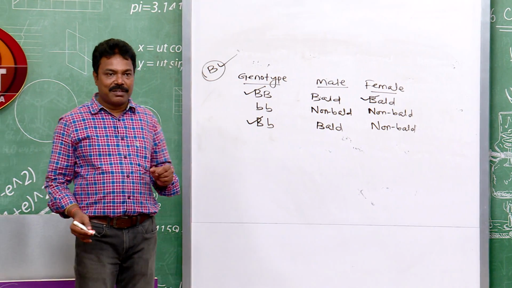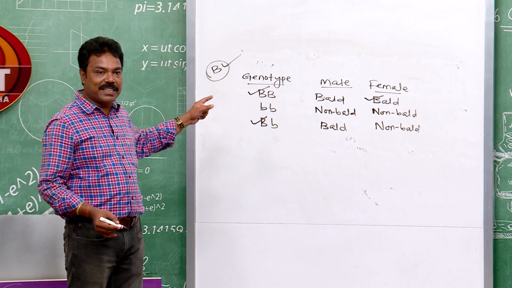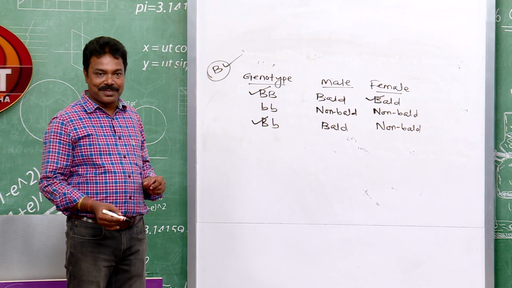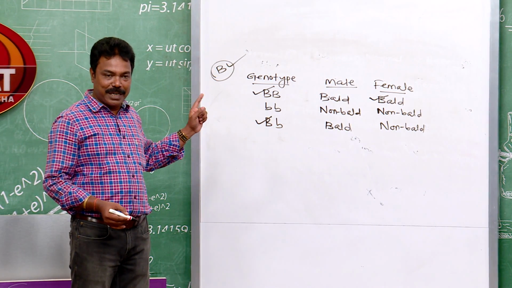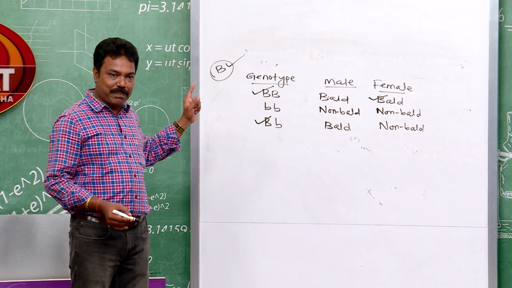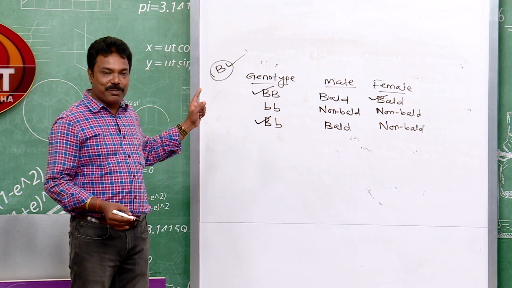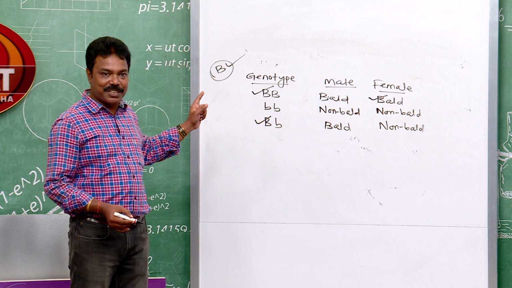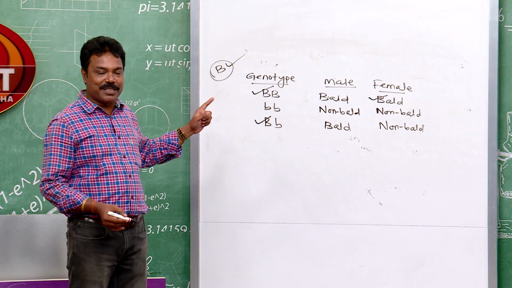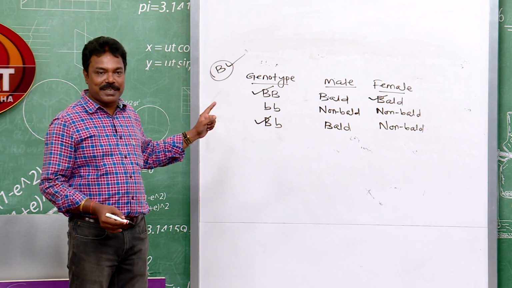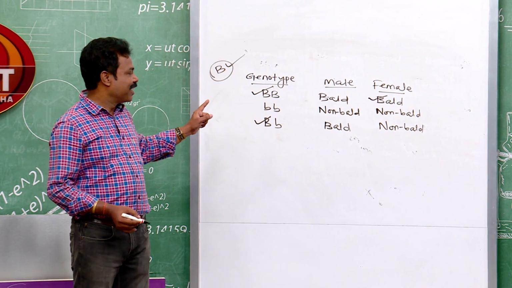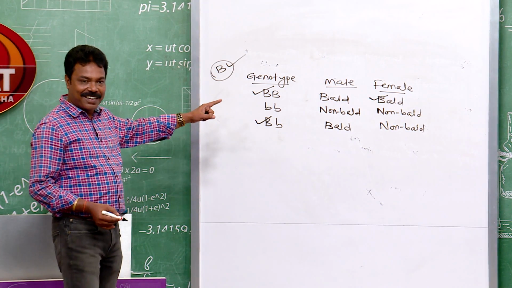Why? Because it is influenced by the sex of the individual. So this gene behaves as a dominant gene in case of male, hence expresses in both homozygous and heterozygous condition, but behaves as a recessive gene in case of female, hence expresses only in homozygous condition, right?